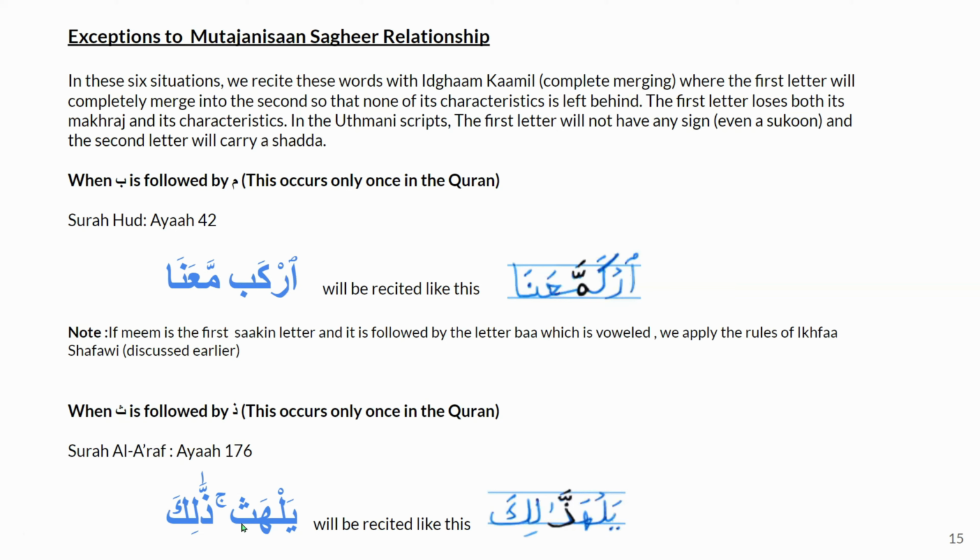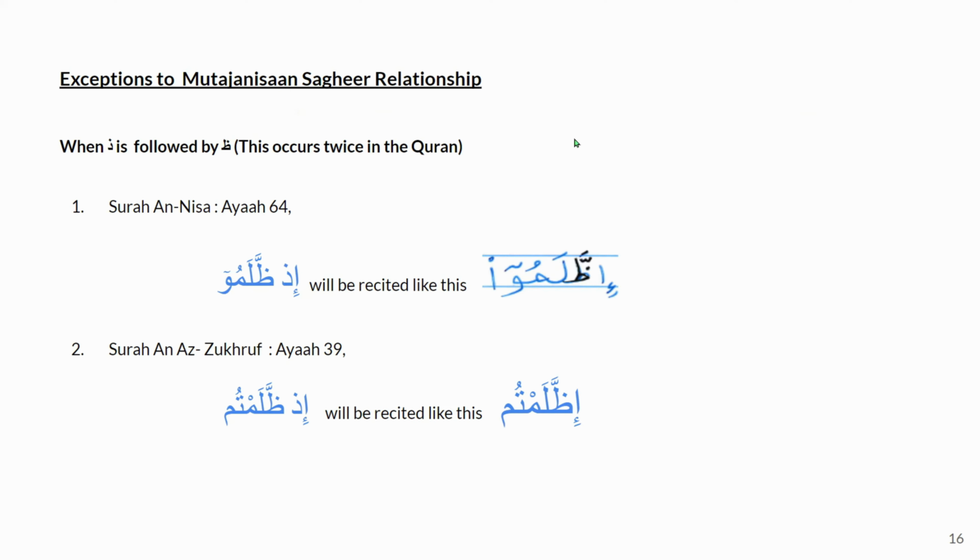We will not recite it like this, yalhath dhalika. Instead, we will do idgham kamil, and we will recite this example by going directly to letter zal like this. Yalhath dhalika.